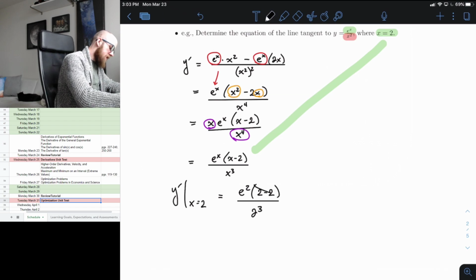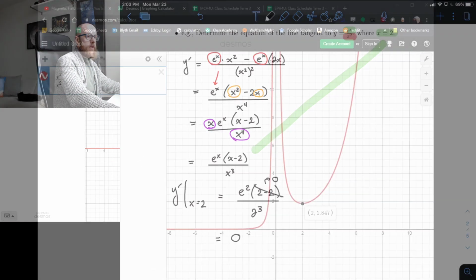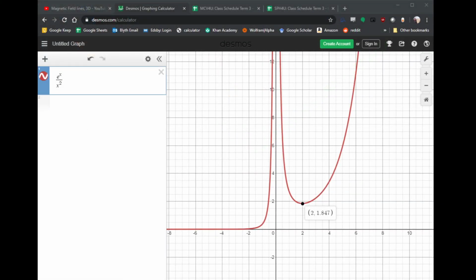And 2 minus 2 gives us 0, so everything just turns to 0. As we expected, based on what we saw with the Desmos graph here, the derivative ends up being 0 at this point, which means our tangent line is just going to be a horizontal line that passes through this point.